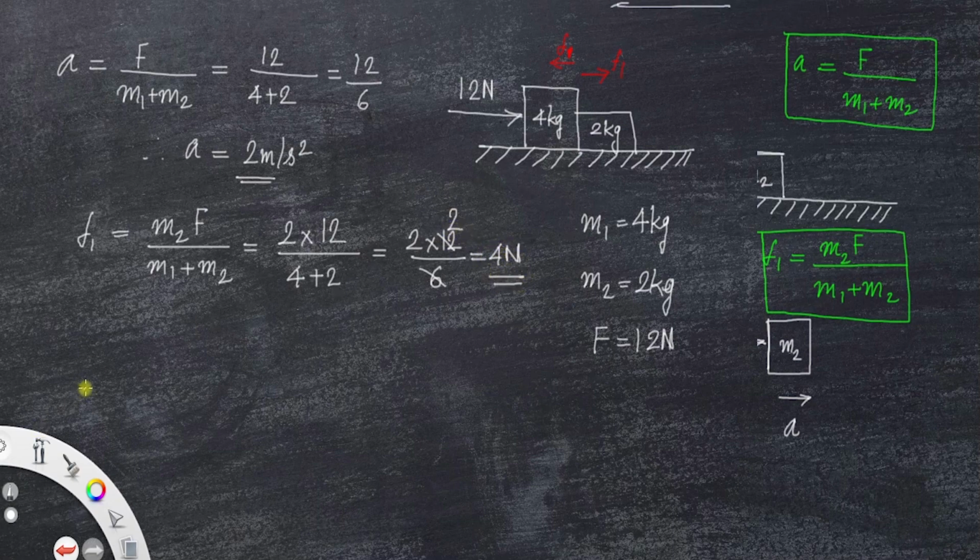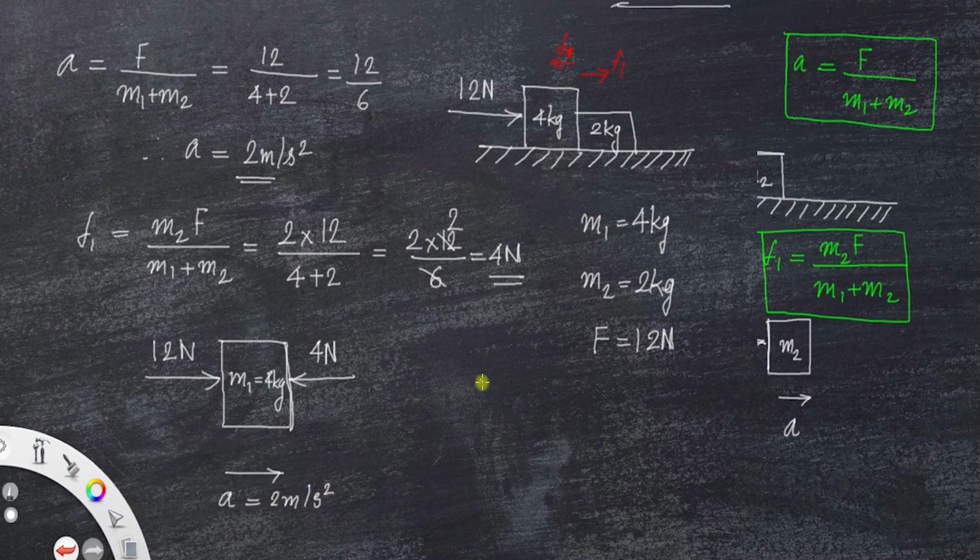Clear? So if you draw the free body diagram again, now you can put the values. For the mass M1, which is 4 kilogram, we have a force 12 Newton on the left hand side and a reaction of the second mass, F1 equal to 4 Newton, and the acceleration A equal to 2 meter per second square.